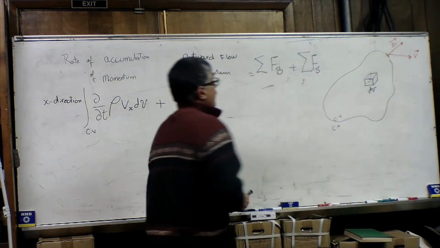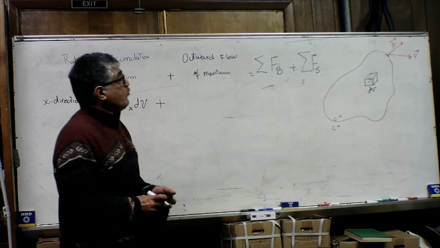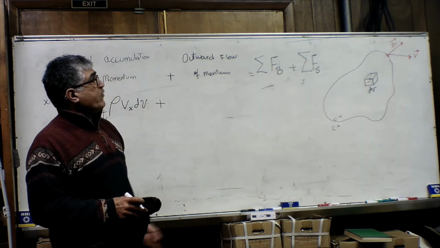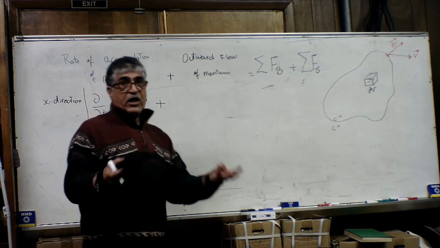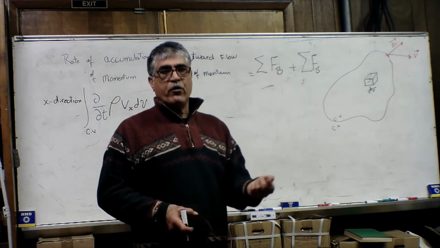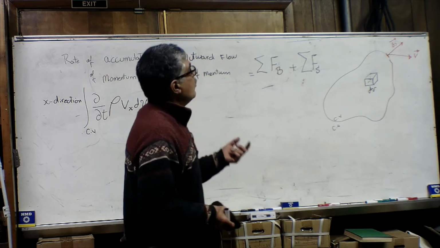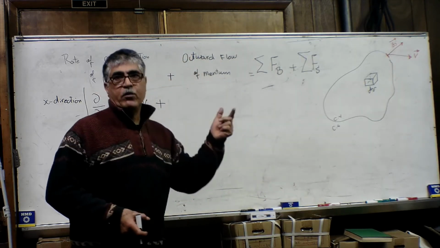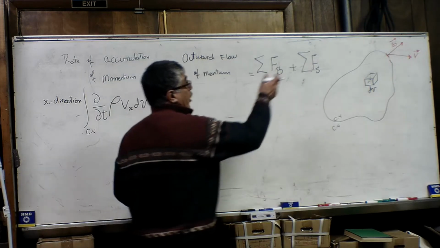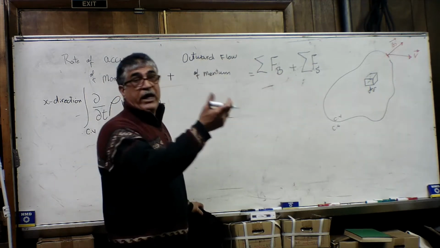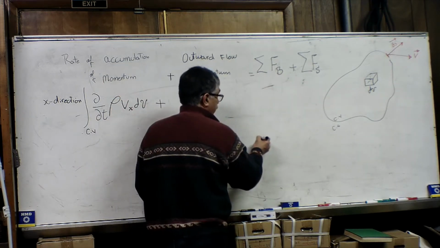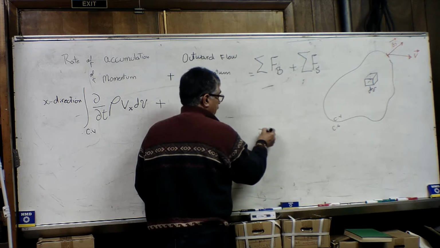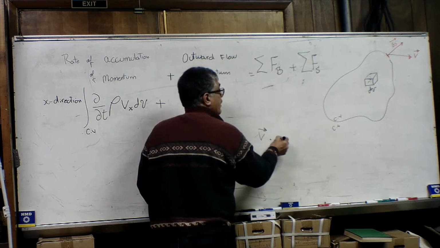Now, the volume flow rate out of that differential surface, by definition, is the velocity multiplied by the area. So in our case, with two vectors, our volume flow rate will be V dot dS.